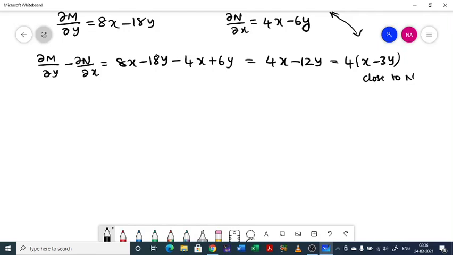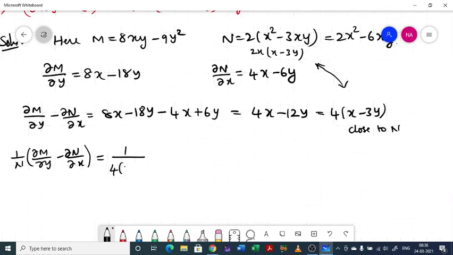So I have to take 1 by n into the difference, dou m by dou y minus dou n by dou x, equal to 1 by n. n is 2x times x minus 3y, into 4 times x minus 3y.